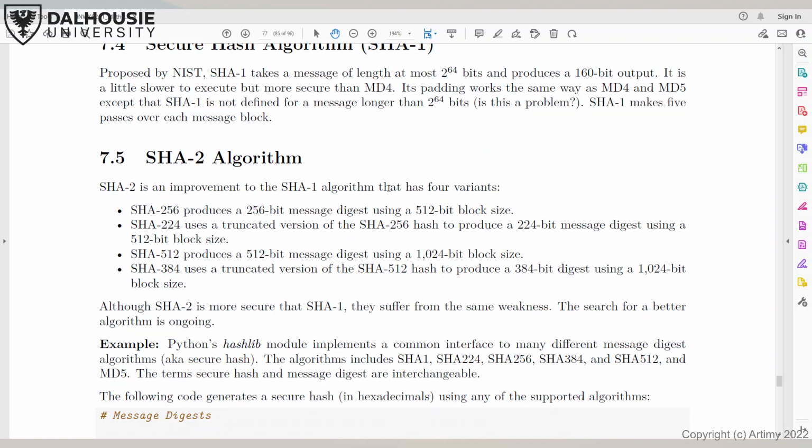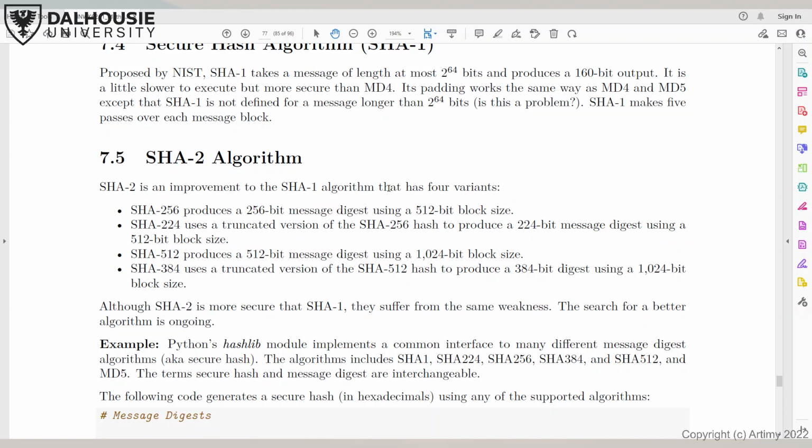Then came SHA2, and this one has interesting variations. So there are multiple flavors. The first flavor is called SHA-256, and it produces a 256-bit message digest using a 512-bit block.